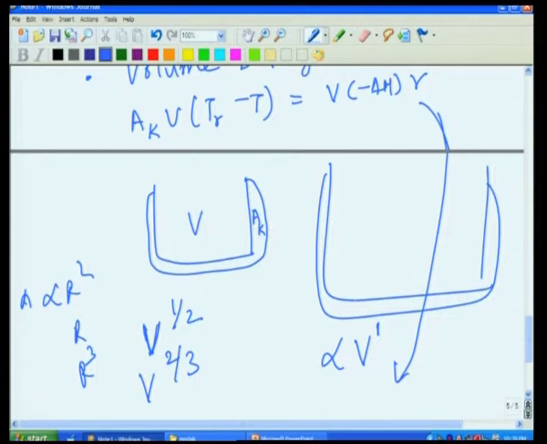So, as our size increases, our heat generation will increase as V raised to 1, but our heat removal rate will only increase as either square root or 2/3 power of V and so on. So, as we go on increasing the reactor sizes, our cooling rate will be far lower compared to our heat generation rate, leading to a situation where heat removal is practically negligible compared to heat generation.